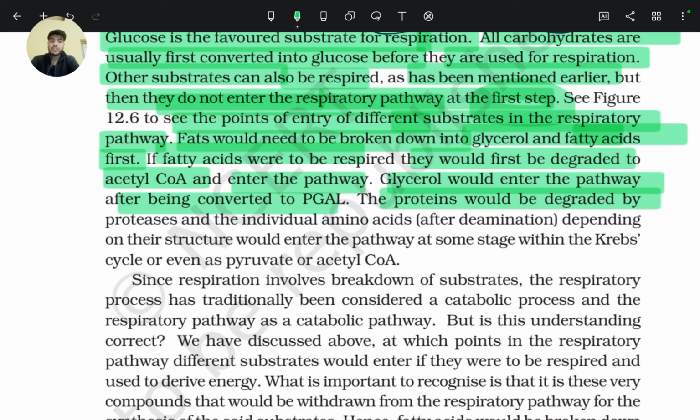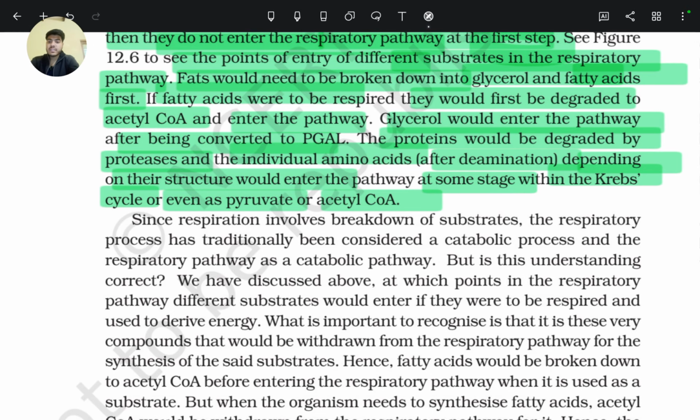The proteins would be degraded by proteases and the individual amino acids, after deamination, depending on the structure, would enter the pathway at some stage within the Krebs cycle, or even as pyruvate or acetyl coenzyme A. It basically depends on the structure of that amino acid.